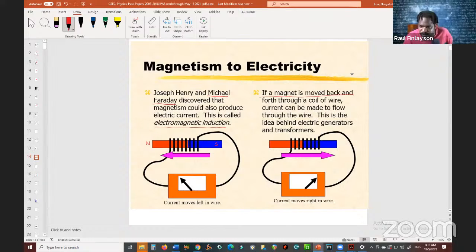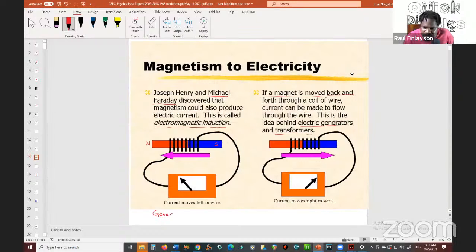This is the idea behind electric generators and transformers. So electric generators, and this is your first understanding of how alternating current is produced.